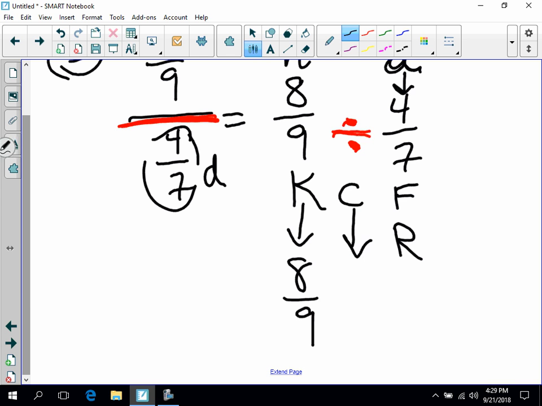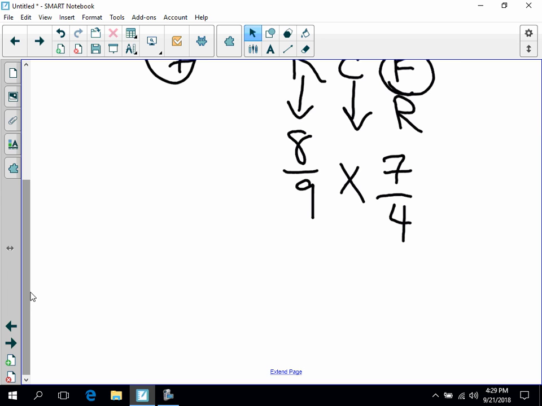I change the division symbol to a multiplication symbol. And then I write the reciprocal of 4/7. The reciprocal of 4/7 is 7/4. If I want to think about it as flipping it, you're trading out the numerator and the denominator. You're flipping the fraction to create the reciprocal.